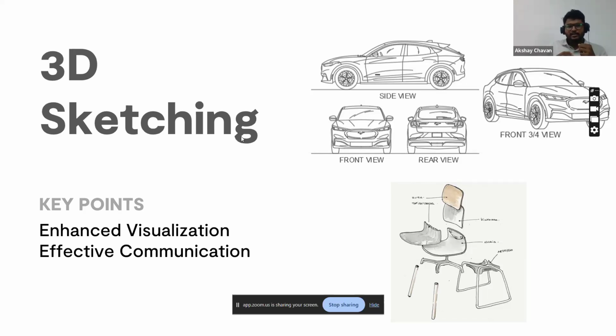It helps enhance the visualization of your concept or ideas, because we don't write ideas, we have to show them in pictorial form, the concept of your product or any kind of design. And this helps in communication.